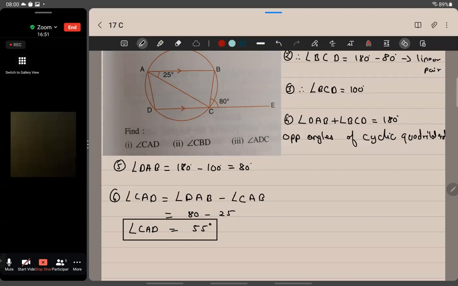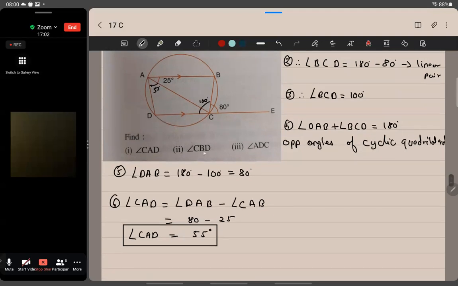So we got this as 55, this as 100. Now we want to find CBD. Okay. At this angle. Very easy.